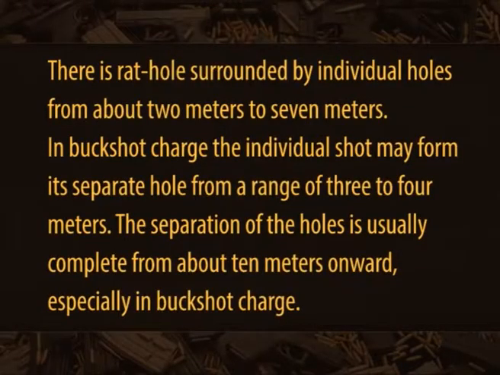There is a rat hole surrounded by individual holes from about 2 meters to 7 meters. In a buckshot charge, the individual shot may form its separate hole from a range of 3 to 4 meters. The separation of the holes is usually complete from about 10 meters onwards, especially in a buckshot charge.